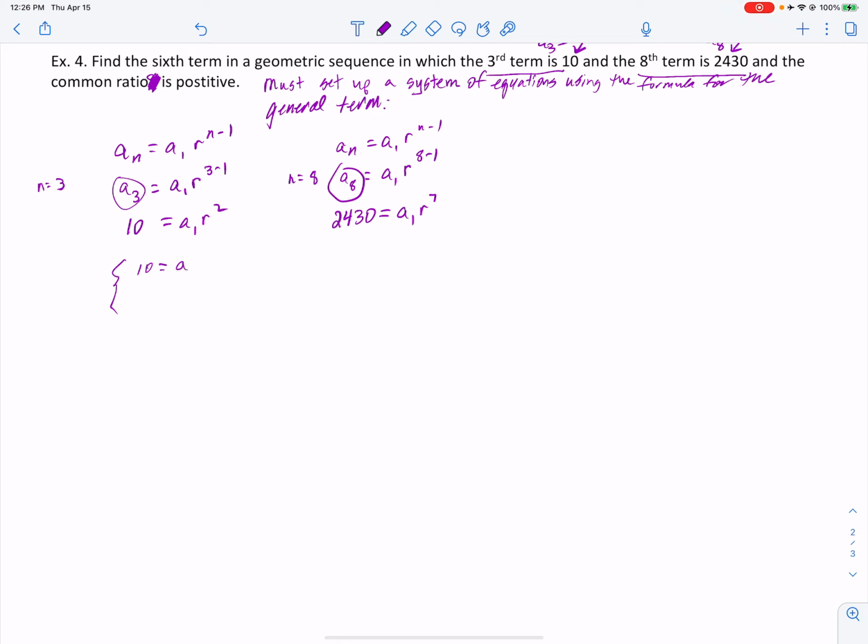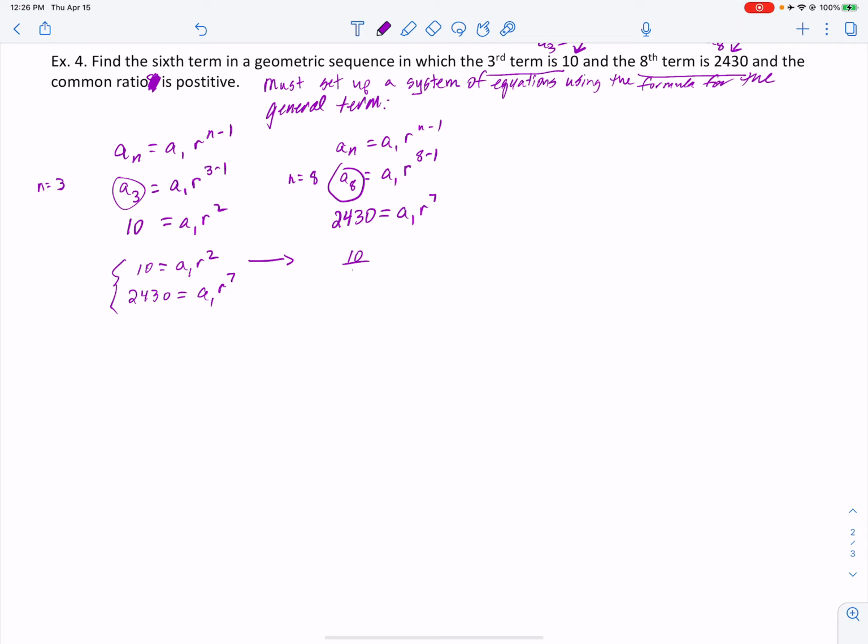I have 10 is a sub 1 r squared, and I have 2430 is a sub 1 r to the 7th. So I have two equations, two variables. I can solve for both of them. So the process is to take this first one and solve for a sub 1.